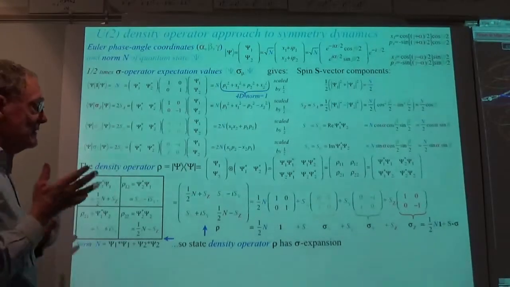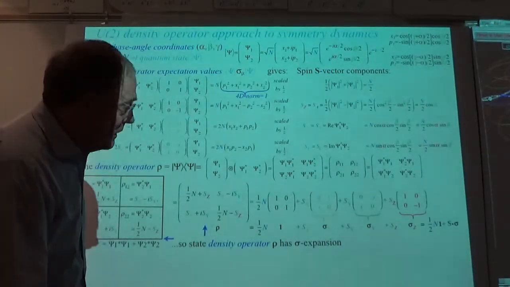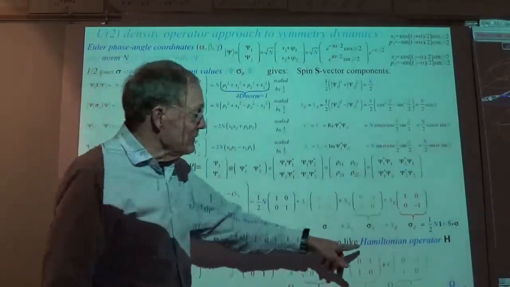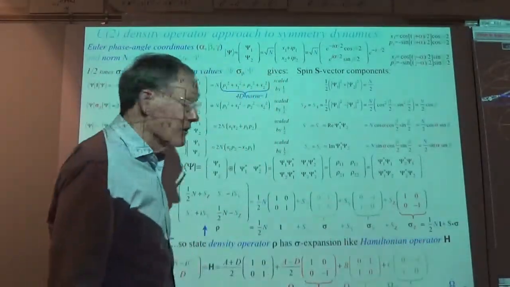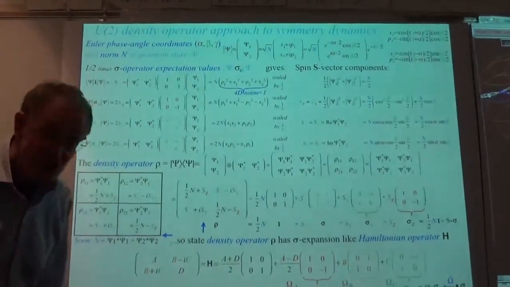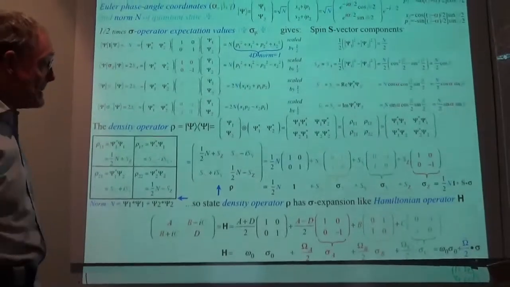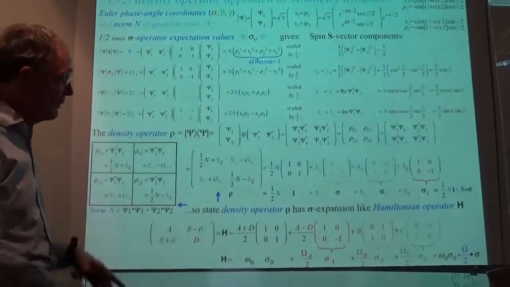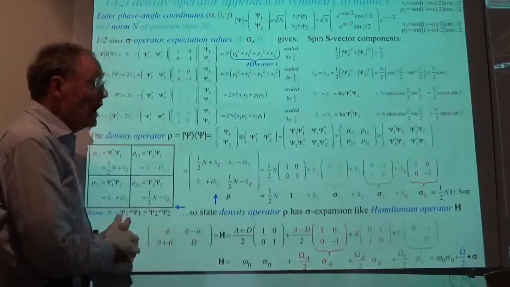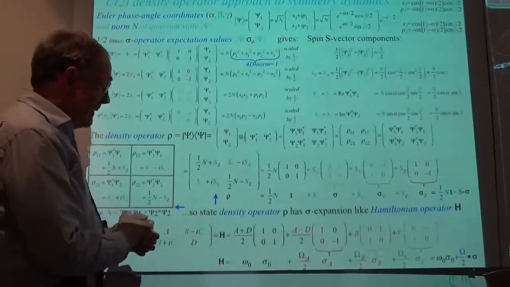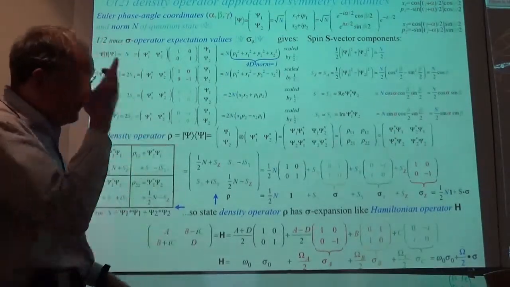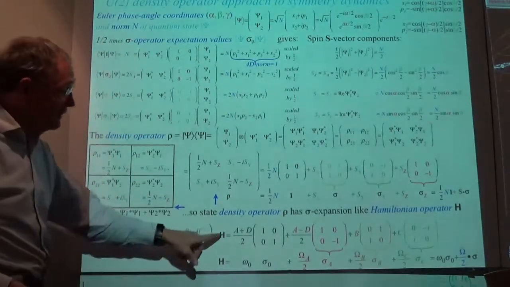Well, this is very analogous to what we already have done with our Hamiltonian operator. That's how this all got started. We took an operator that was Hermitian, that we knew was going to be using an exponent to perform time evolution. The e to the minus i h t is the solution to the Schrodinger equation if h is constant.